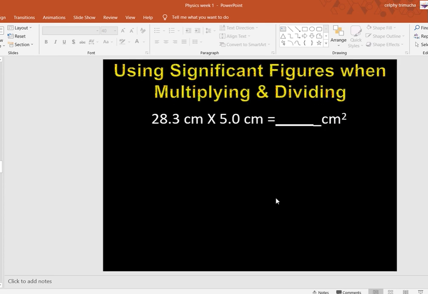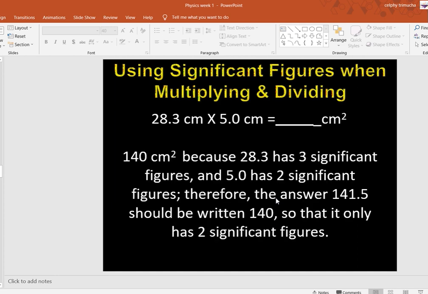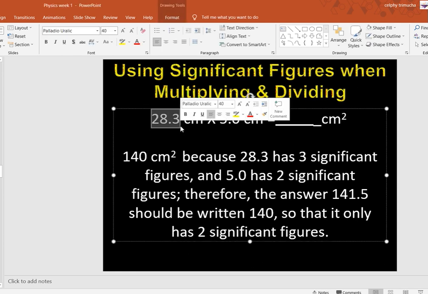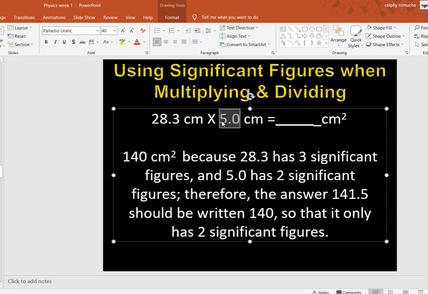Okay, so using significant figures, multiply 28.3 cm by 5 cm. So our answer here will be 140 cm squared because 28.3 has 3 significant figures and 5 has 2 significant figures. So if we look, the smallest, or the one with the fewest significant figures, is the 5.0, which has two significant figures.